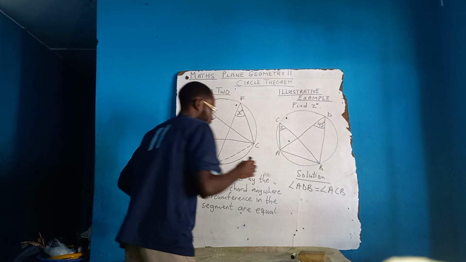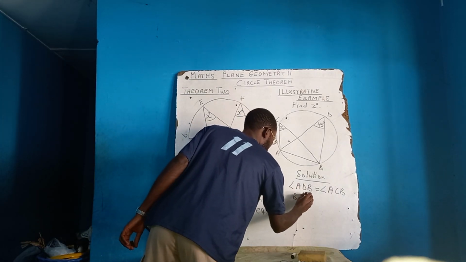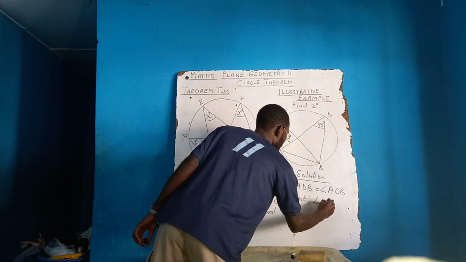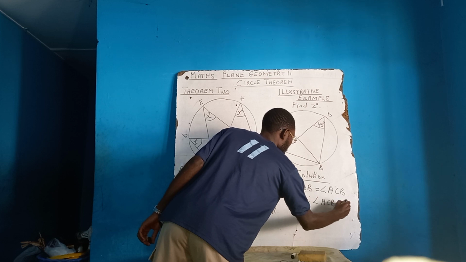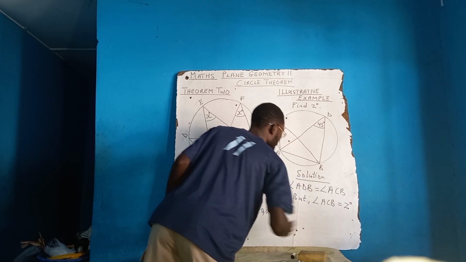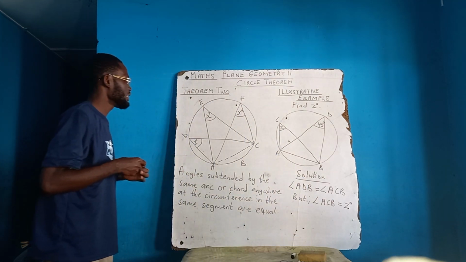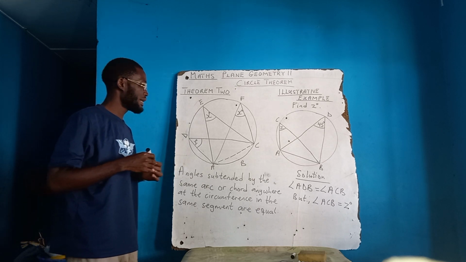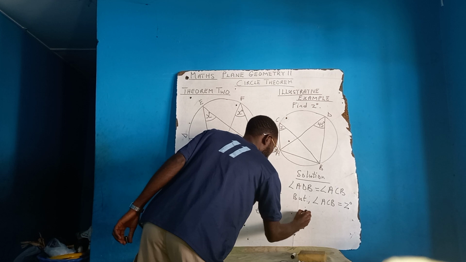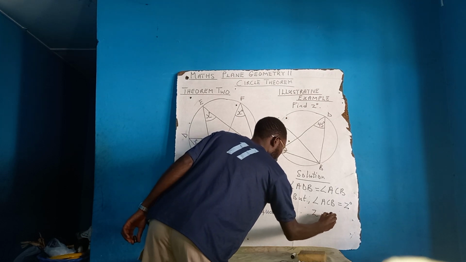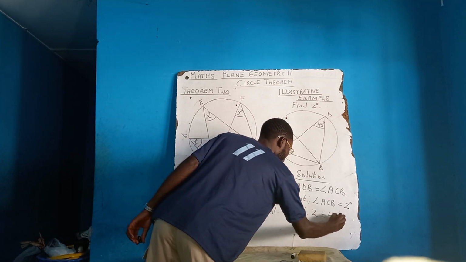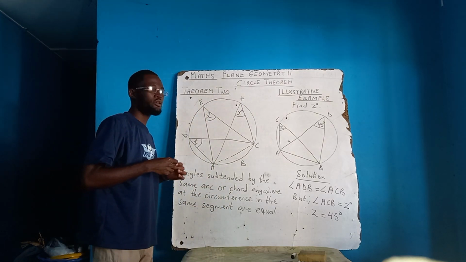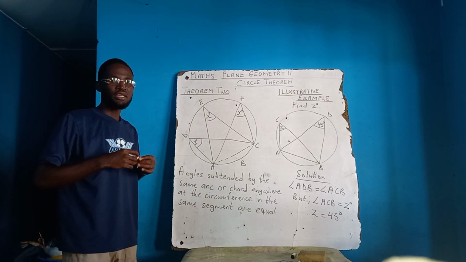And we know that angle ACB is equal to Z degrees. So our Z, therefore, is going to be 45 degrees.